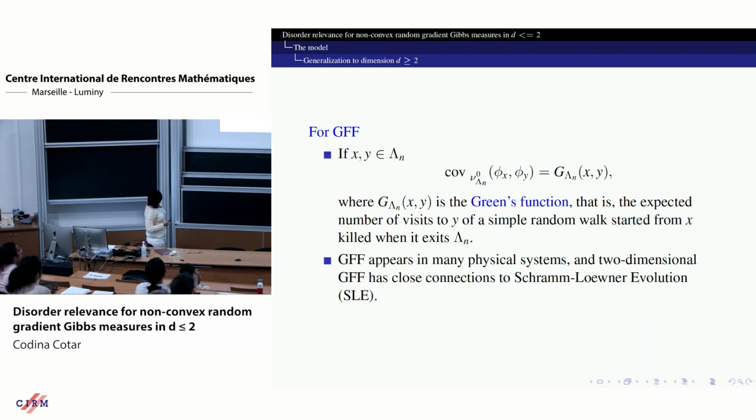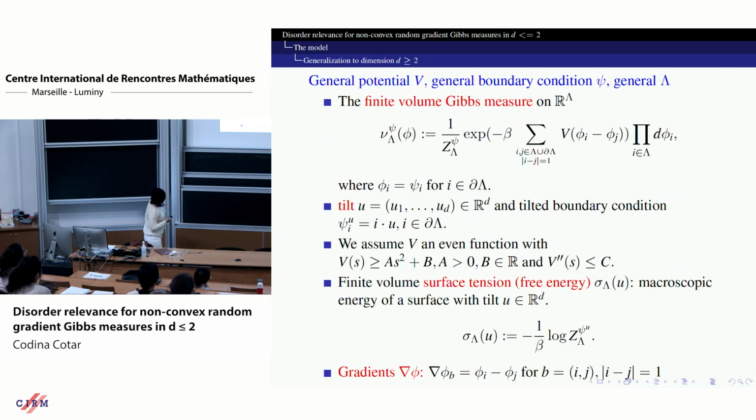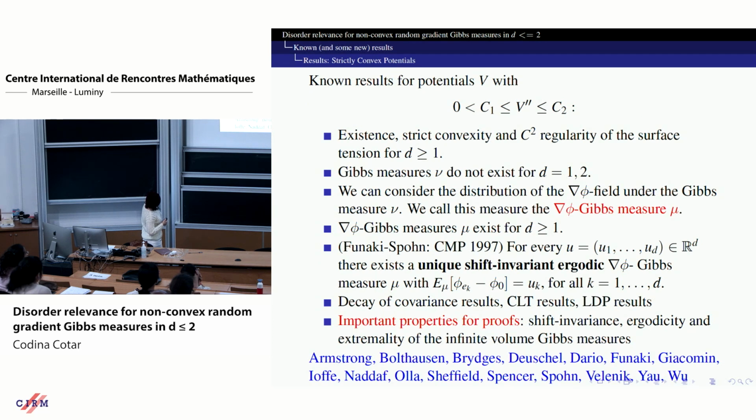And when I do that, my Green functions will become nicely behaved, and I will be able to have limits for these measures for dimension 1 and 2. This was noticed in the paper of Funaki and Spohn. It's a really beautiful paper, by the way, and it's my favorite paper in the area. They call this measure the gradient Gibbs measure, and as I said, this will exist for all dimensions.